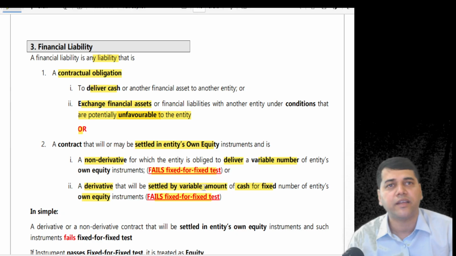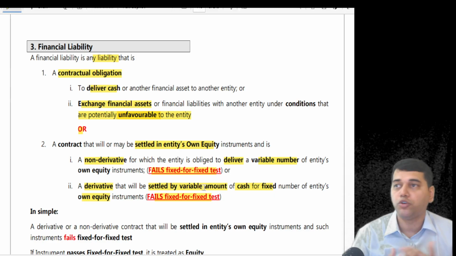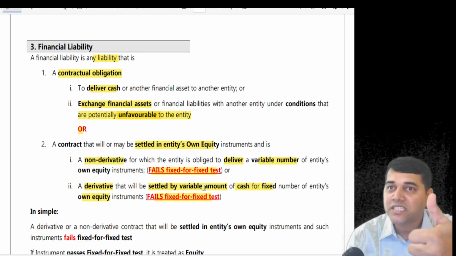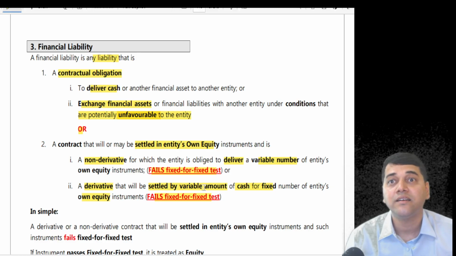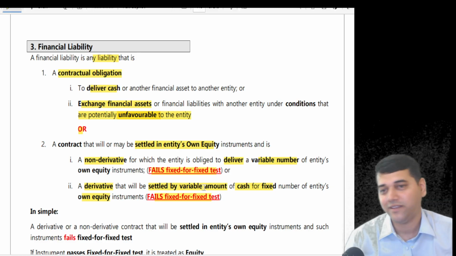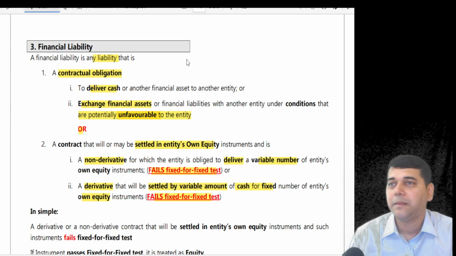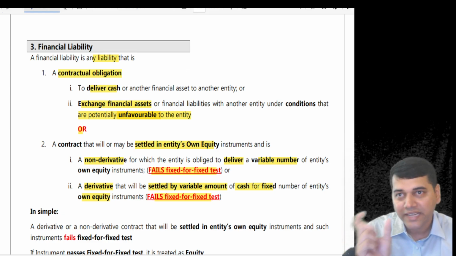Again, the same thing I can take. Rather, I can tell you something like this. This time I have taken a loan. How should I repay? I will repay in cash. That's a financial liability. I will repay in my land. Okay. When I have taken a loan, what is my accounting entry? Bank account debit, loan credit. Now, where should I show that loan taken?